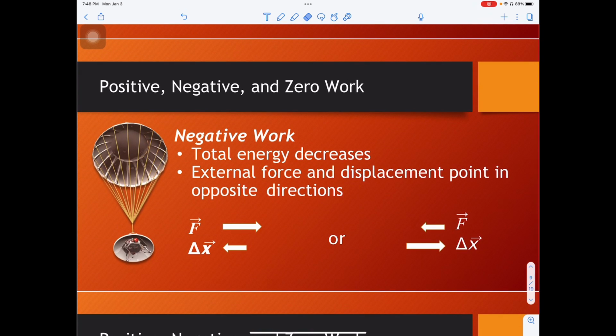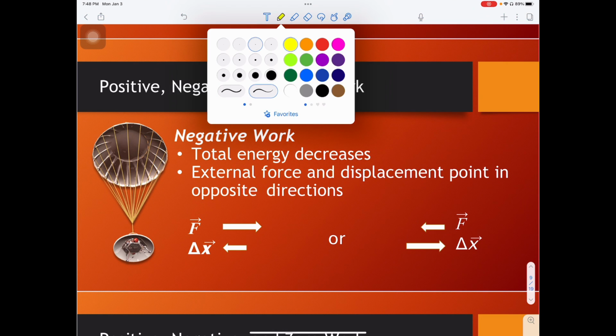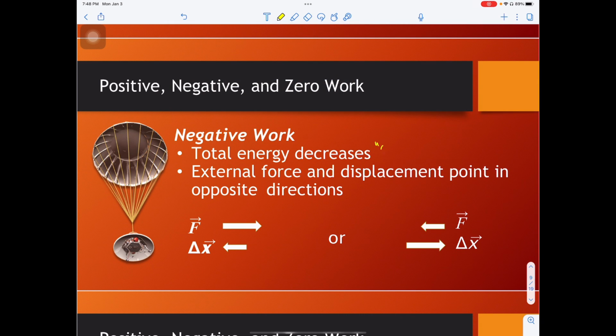So therefore, it doesn't take a rocket scientist, even though we are pretending to be rocket scientists, to figure out that negative work is when the total energy decreases. And this means we are slowing down. To slow down, that means A and V are in opposite directions, and therefore F and V are in opposite directions.